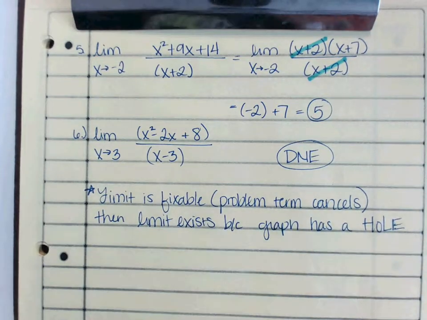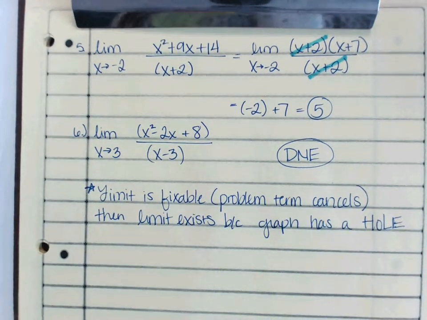And think about, at a hole, you're going to still have a limit coming in, just that one dot is empty. Versus, you should have learned this in Algebra 2, hopefully again in pre-calc, that if that doesn't cancel, what happens in the graph? You get an asymptote. And so it goes to either infinity or negative infinity, which means it does not exist.